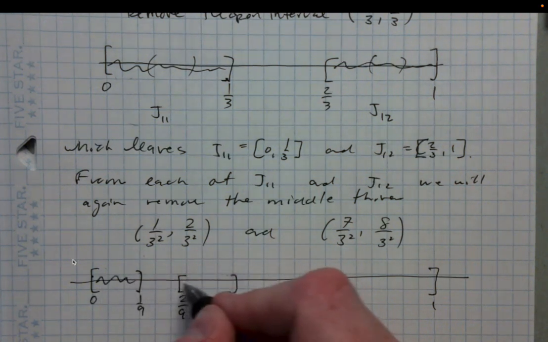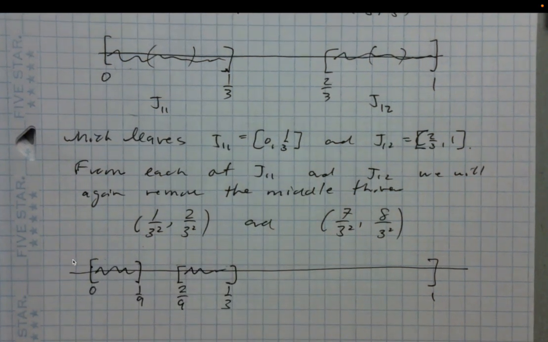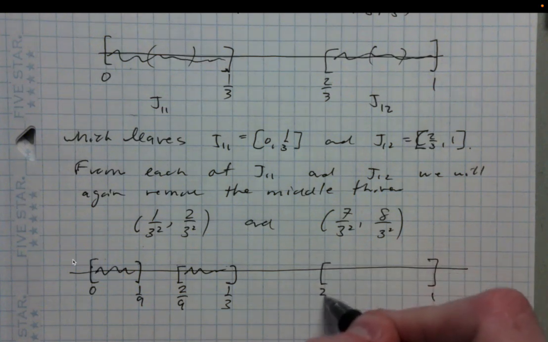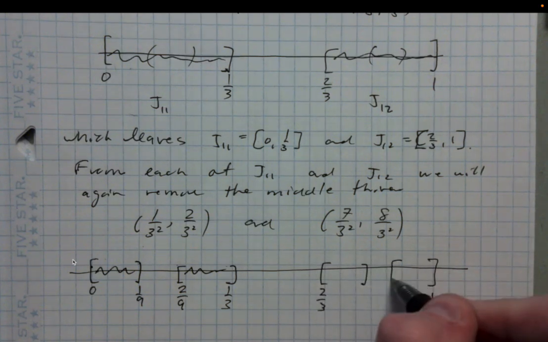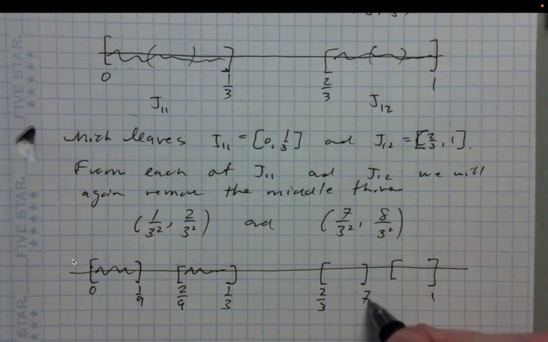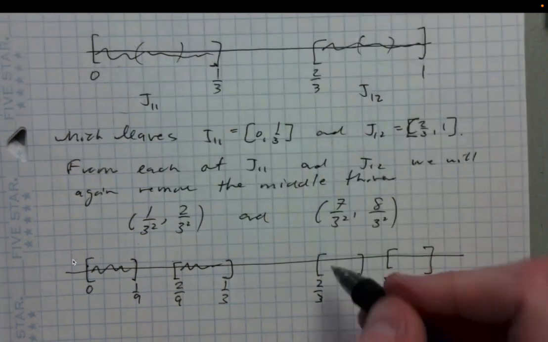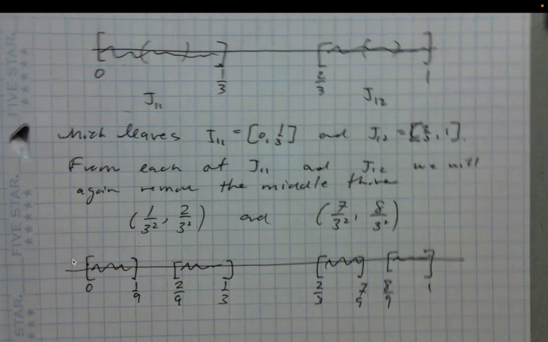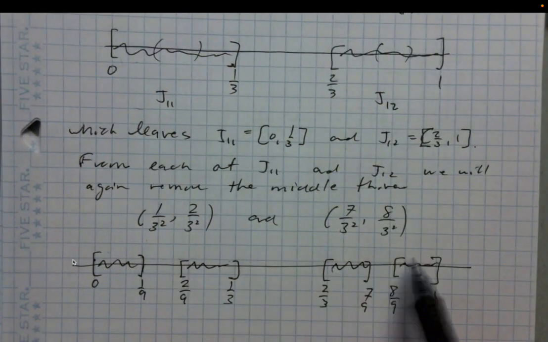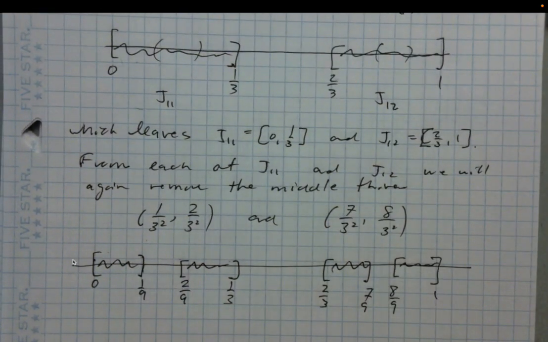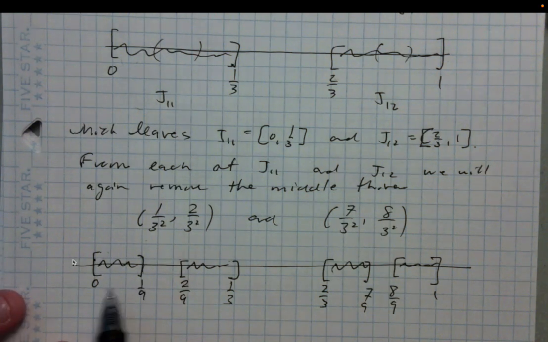I've got this piece here, and then over here I've got 2/3 up to 7/9, and then 8/9 up to 1. Now I've cut this piece out. Notice I'm just cutting out these thirds each time. The lengths of these intervals are all the same: 1/9, which is 1/3 squared.